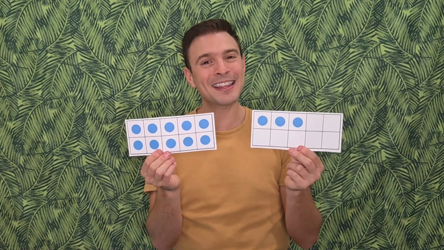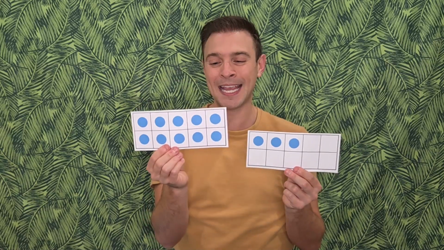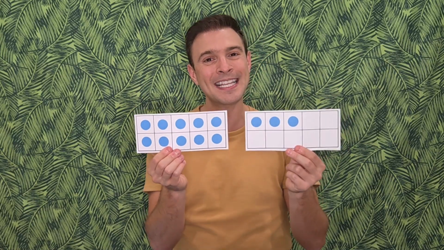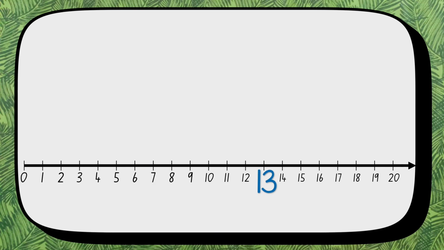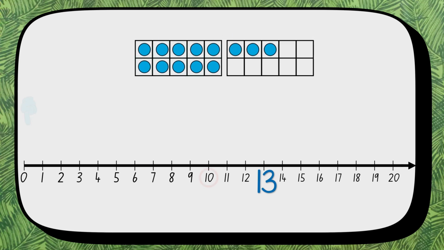Well, now that we know that 13 is made up of a 10 and 3, let's have another look at our number line. Let's use a faster way to reach 13 without counting by ones. We know that 13 is 10 and 3 more. So let's start with one big jump to 10.